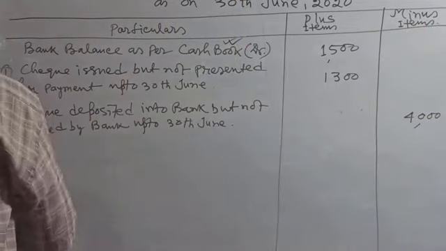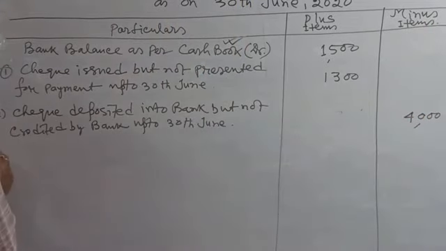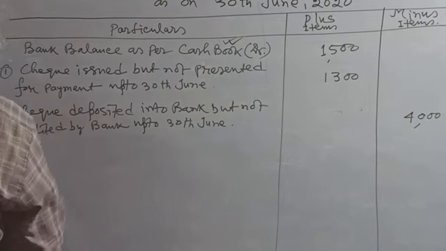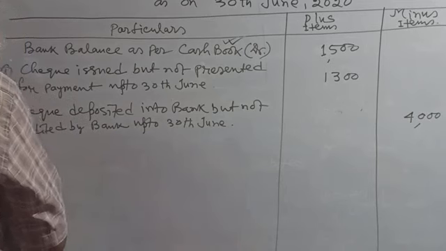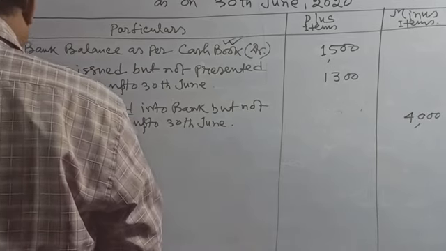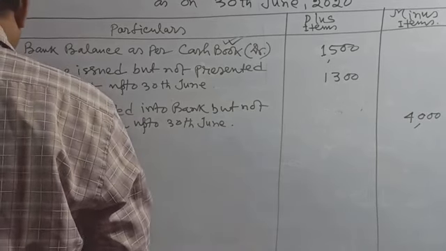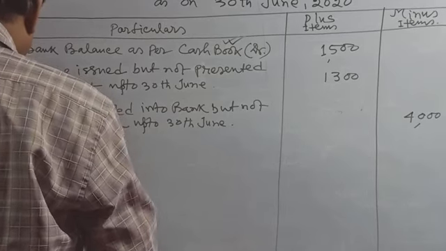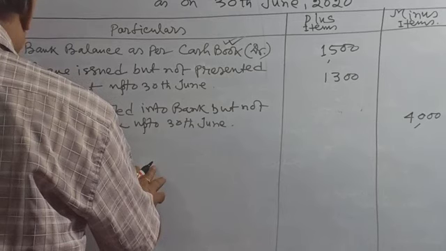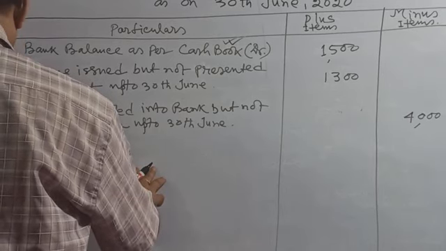Number 3, interest and dividend on investment rupees 580 collected by bank and credited to his account, but he did not have any information for this.